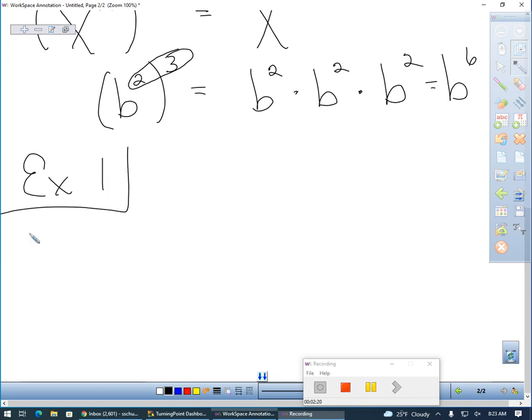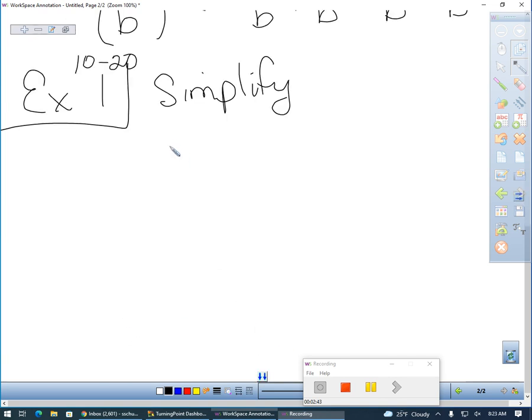Example number 1. We're going to simplify. And the first section's actually pretty easy. We're listening to that rule. So 10 through 20, let's start with those. Let's say I have a to the 4th raised to the 5th.